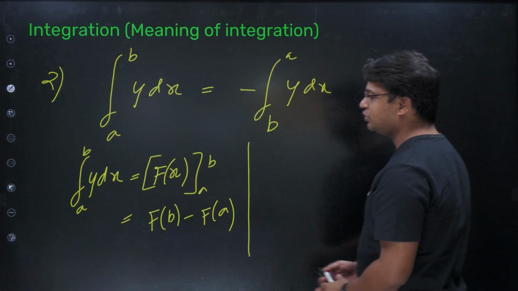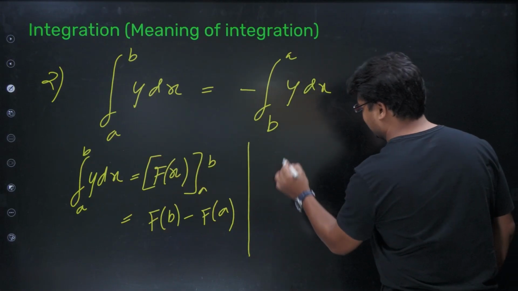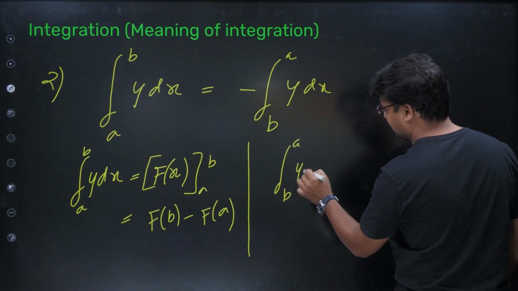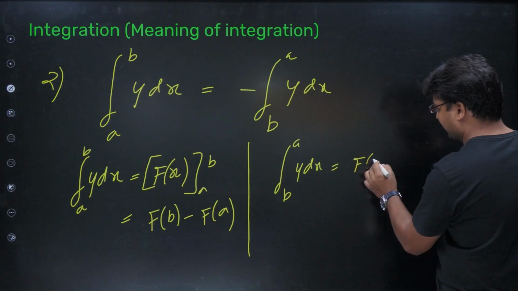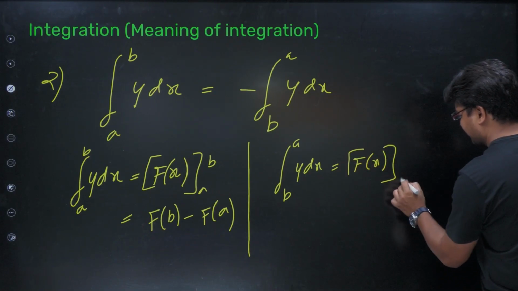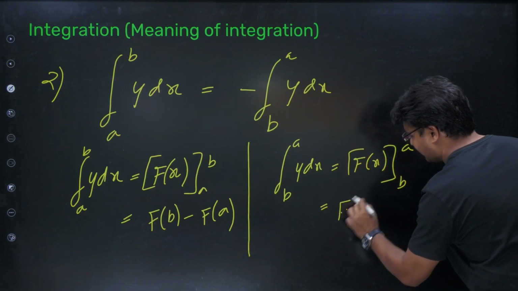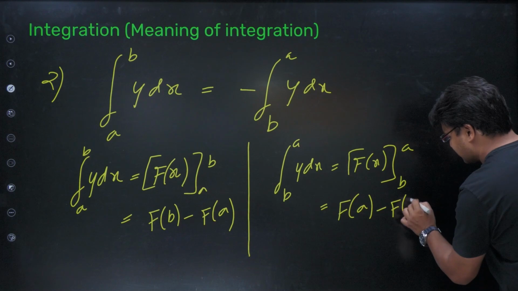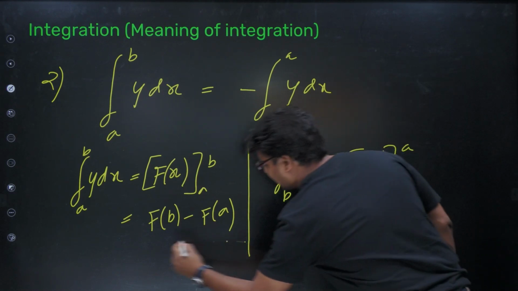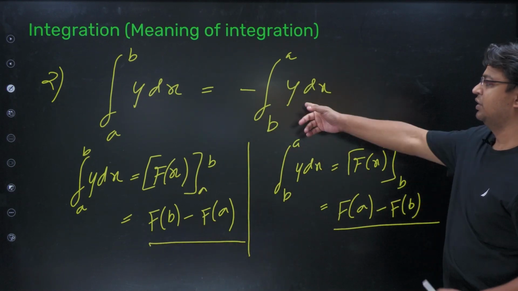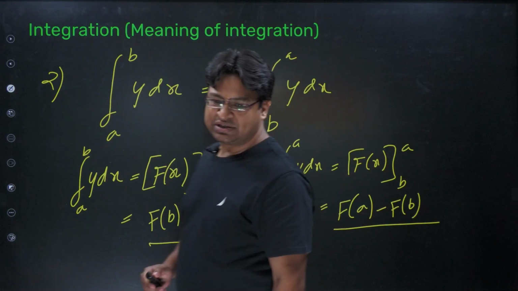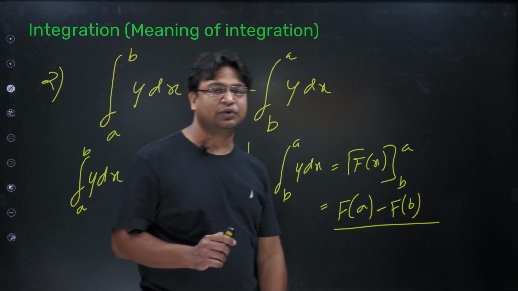Now, if I interchange the limits, I will get F(a) minus F(b), which is actually the negative of what I'm getting here. So therefore, this applies.